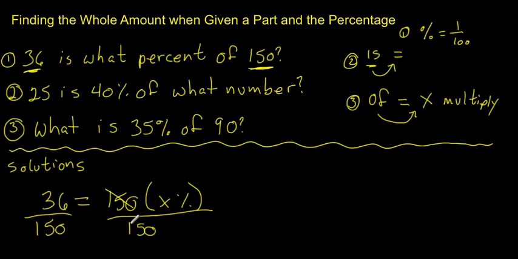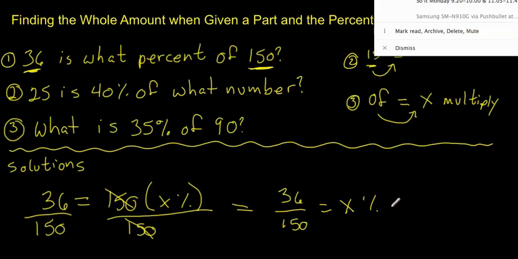These two cancel out, because we know from our fraction work that when the numerator is the same as the denominator, they cancel out and they become 1. Okay, so really what we're left with is 36 over 150 equals x percent.